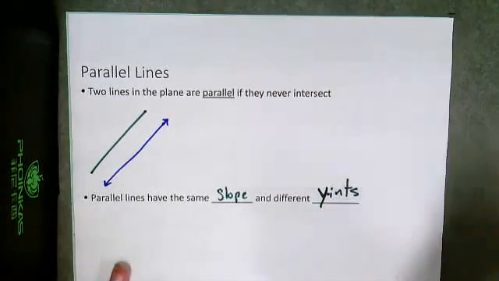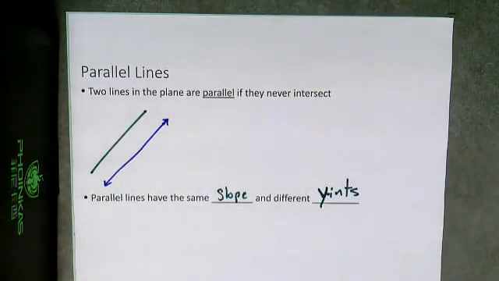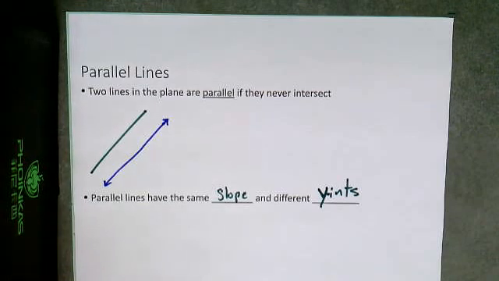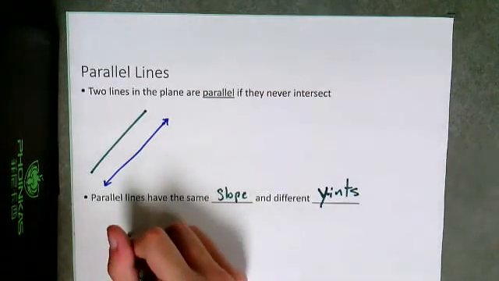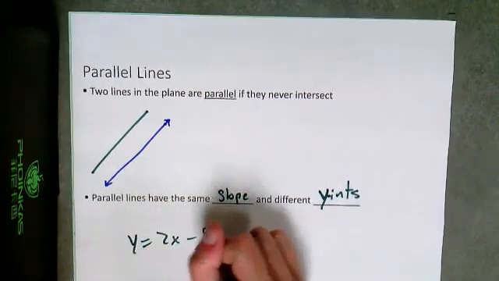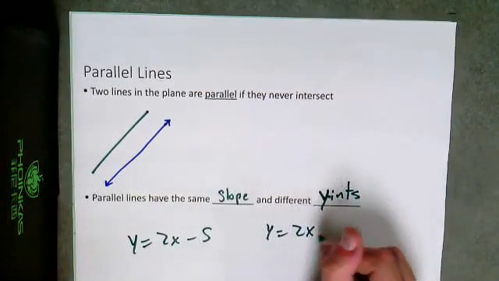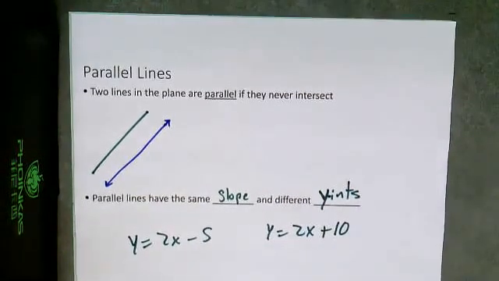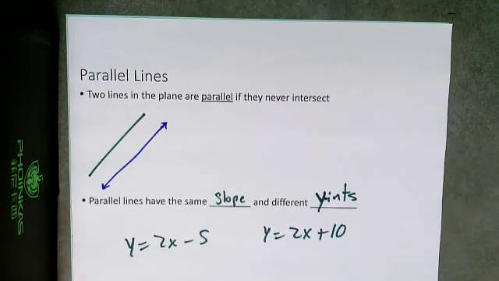That's a y, not a v. Different y-intercepts. So examples of this could be y is equal to 2x minus 5, y is equal to 2x plus 10. So parallel lines have the same slope but different y-intercepts. Okay.